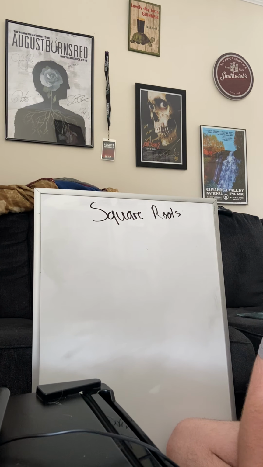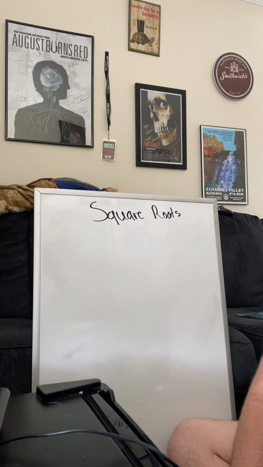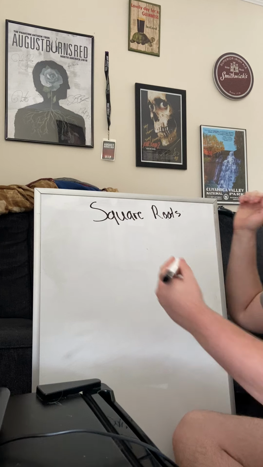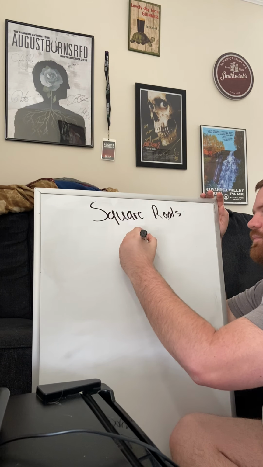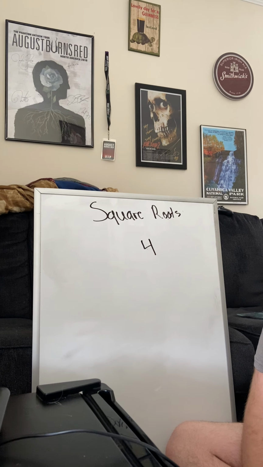If you feel comfortable with your times tables, we'll move on to what we're going to talk about today, which is square roots. Okay, so a square root is the root of a number essentially. For example, let's say I have a small number like 4, and I want to find the square root of that number.